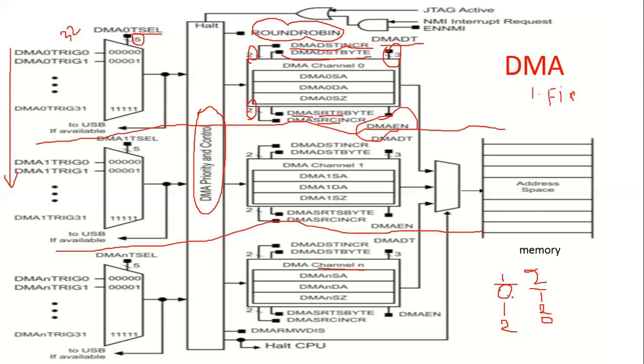That means once your service is over, that channel will go to the lowest priority. Similarly in the third cycle, channel 2 will be the highest priority, then channel 0, then channel 1 is the lowest priority. So this method is called the round robin method. We are assigning the priority based on the round robin method.